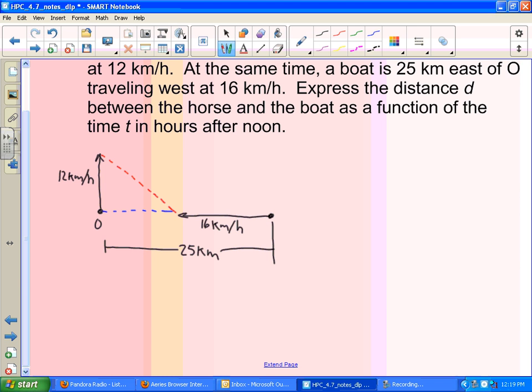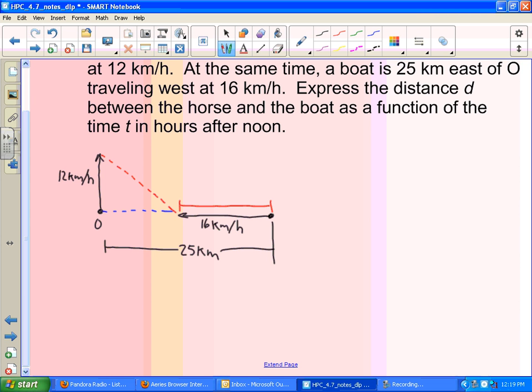Notice where I created the triangle. It goes from the head of the boat vector, not the tail, because I've already traveled this much of a distance in however long it took us to do this. We don't know, but I've already traveled that distance.